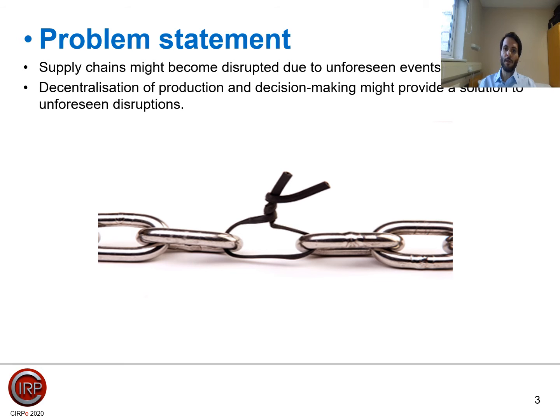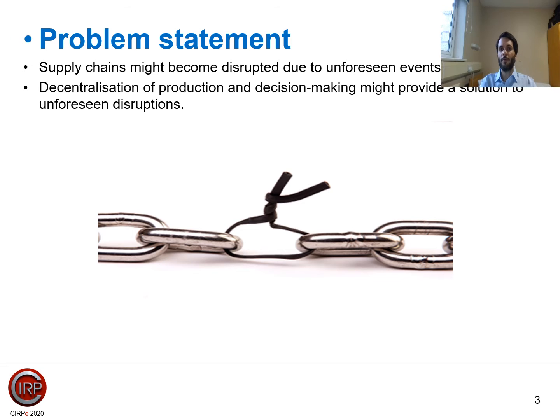This becomes apparent during natural and man-made disasters such as earthquakes, hurricanes, and wars, for example, where transportation from one location to another might become impossible, and therefore product transportation is affected.